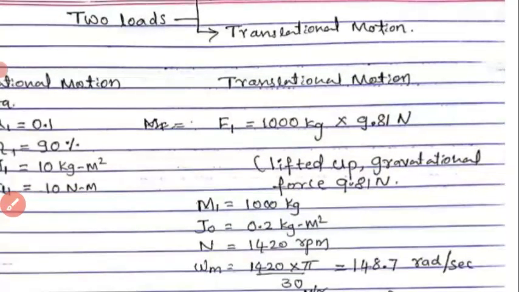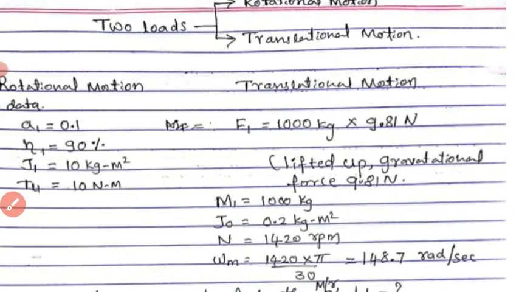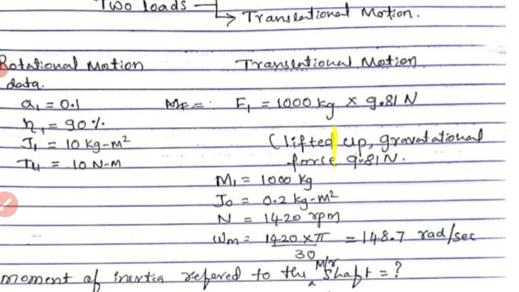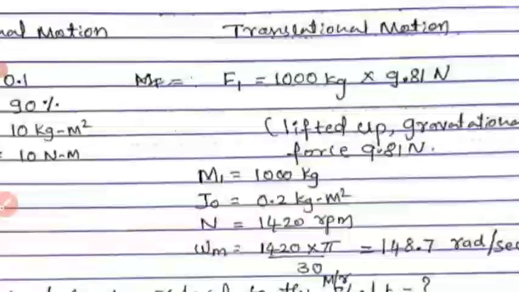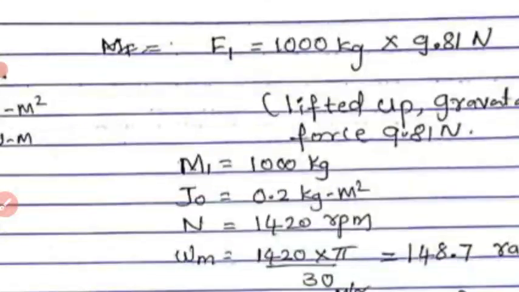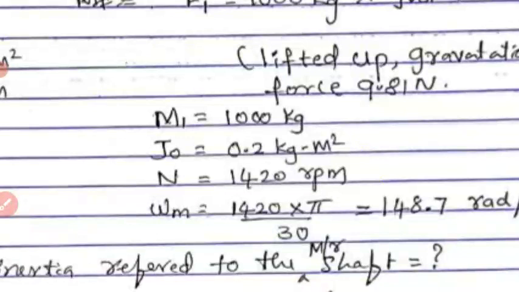Now, first step: you have to note down all this given data. First you have to find the speed in radian per second, because speed is given in rpm. How to find it in radian per second?